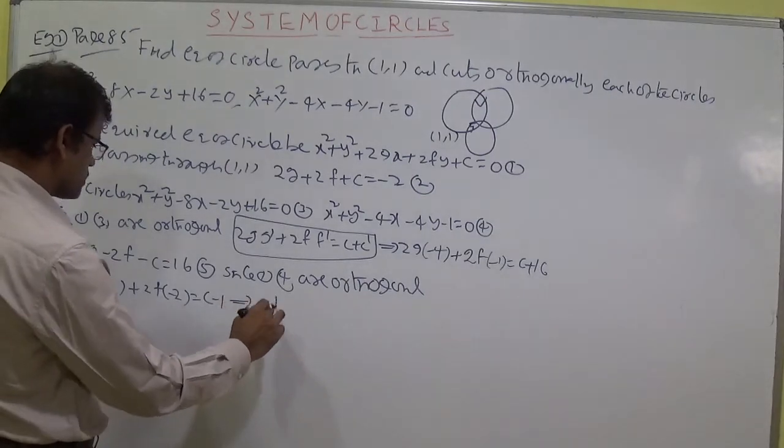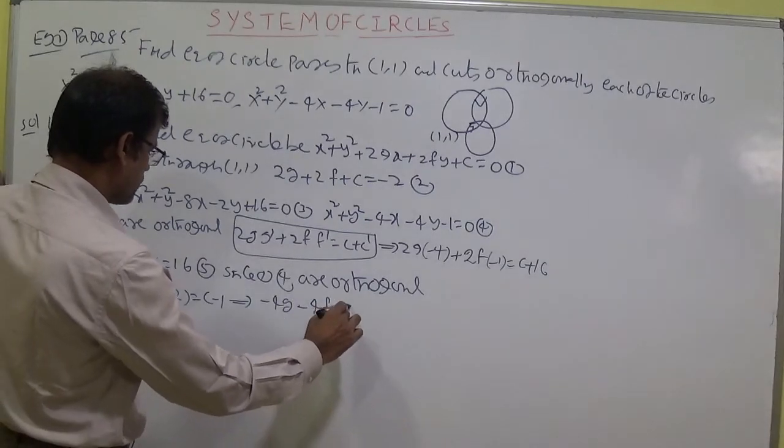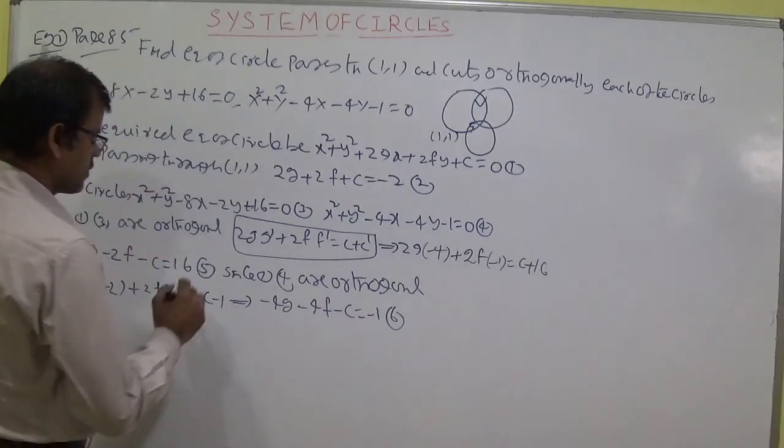That implies minus 4g minus 4f minus c is equal to minus 1. Let it be the sixth equation.